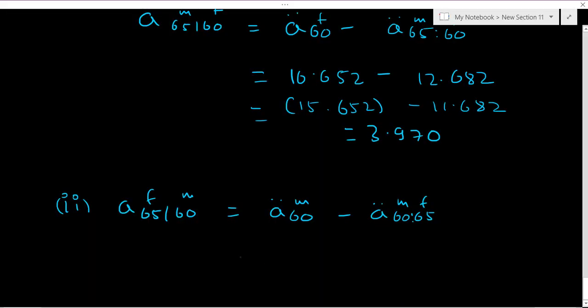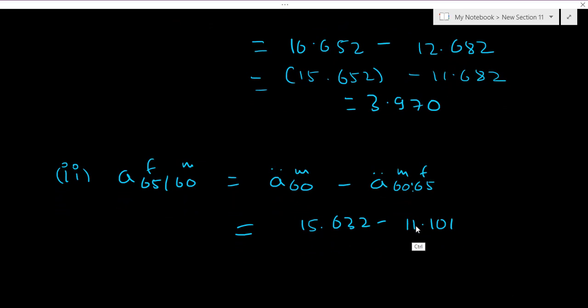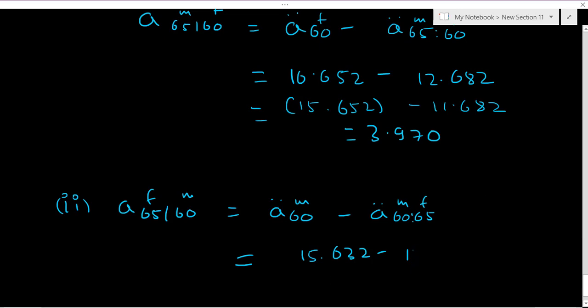This becomes 15.632 minus 13.101, so this becomes 2.531. And that is your answer, and that is how you calculate the value of these annuities.